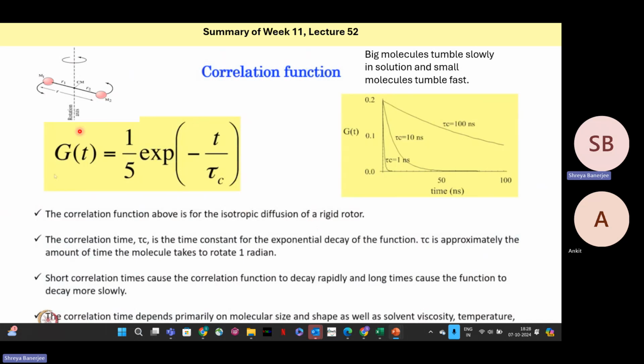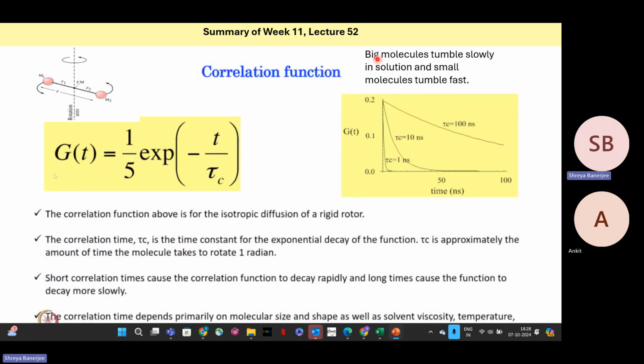The correlation function is defined like this: 1/5 of exponential minus t by tau c, where tau c is called the correlation time, which is the time it takes for the function to completely decay. We know correlation time is basically the time for tumbling of the molecule.